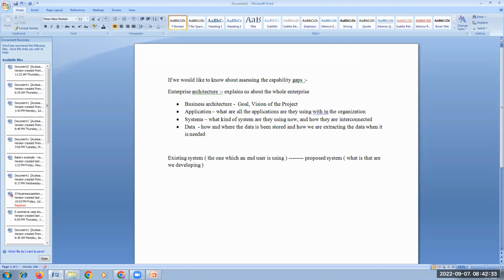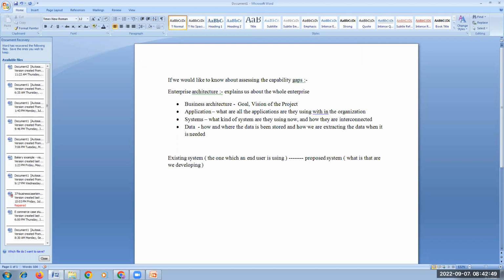Right, so existing system followed by the proposed system. When you talk about the existing system, the one which we have been using as end users for a very long time, that's what the existing system stands for.